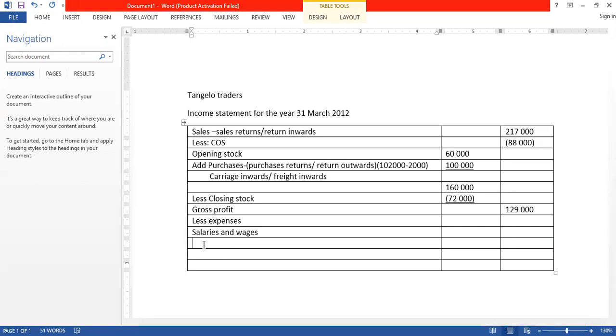We have stationery. Telephone. We have telephone. Then vehicle. I don't know if this one.